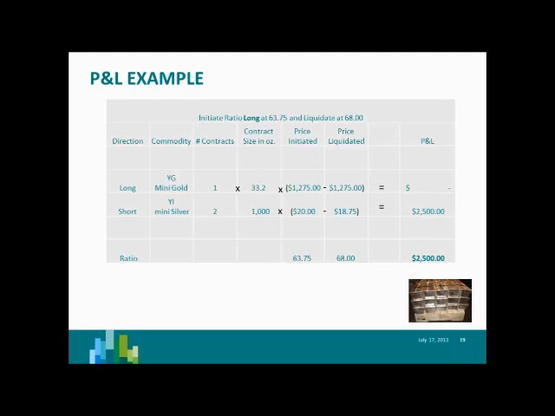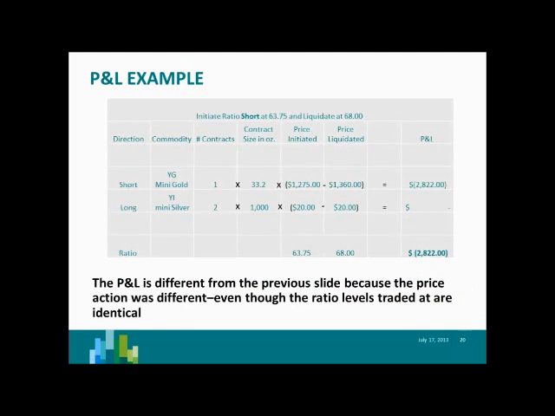I've made $2,500 because what's moved is the silver price. If we go back to our second P&L example, it's different, even though the ratio numbers are the same, 63.75 and 68, because it's a different metal that the P&L is working on.